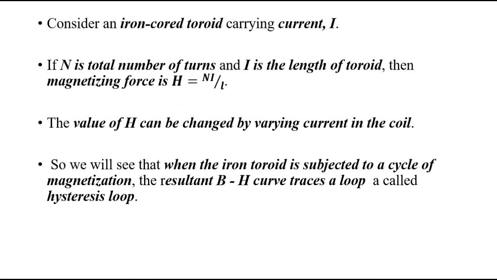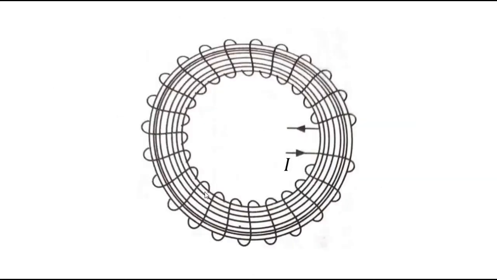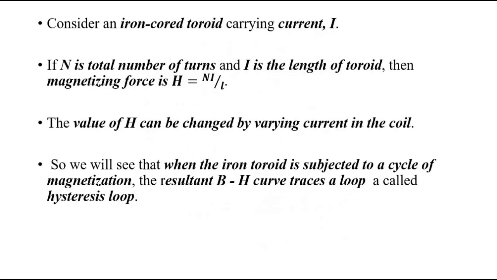we take a ferromagnetic material, in this case an iron core toroid. So it looks something like this, kind of a circular shape. Then we have a number of turns of coil wound over it, and we have current I flowing through it. So the total number of turns here is capital N, and L is the length of the toroid.